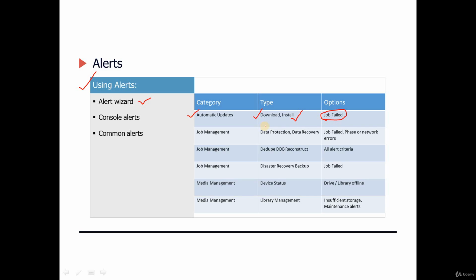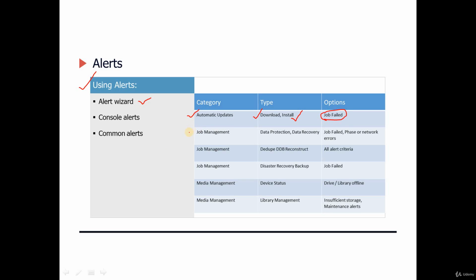I want the alert to be only generated when the download or the install job fails. If it is successful, I am not bothered because it is okay. My objective is to perform automatic updates, and if the updates are successfully happening, then I am not to be worried about it.